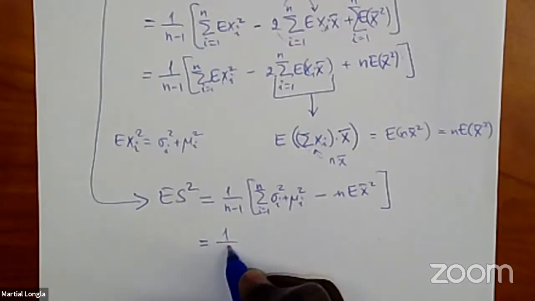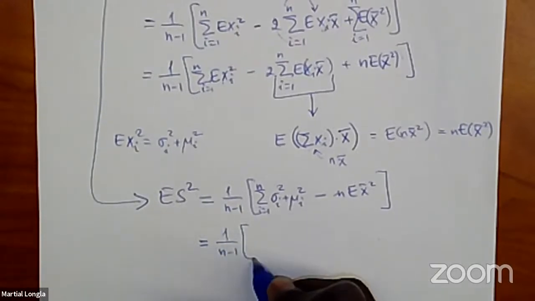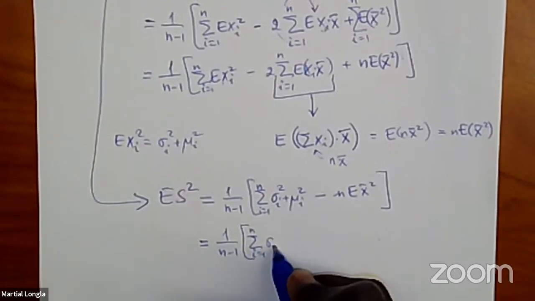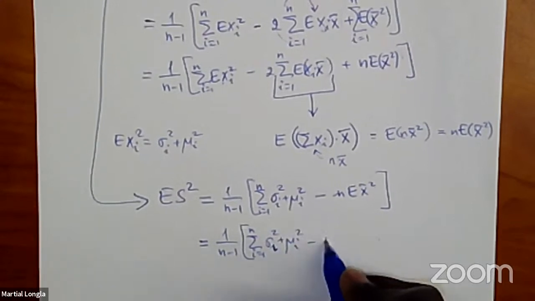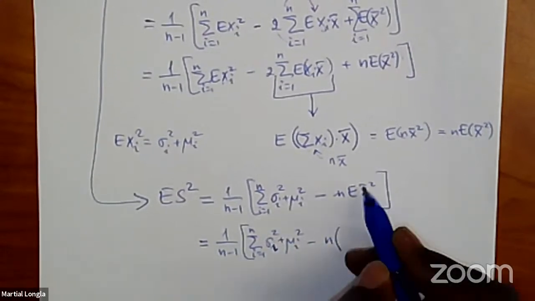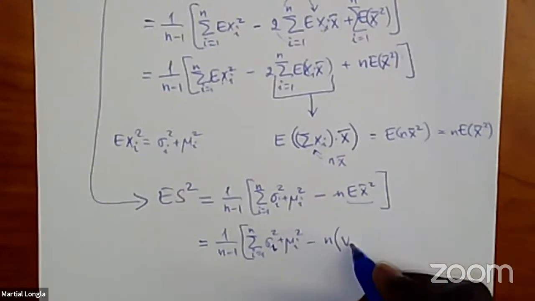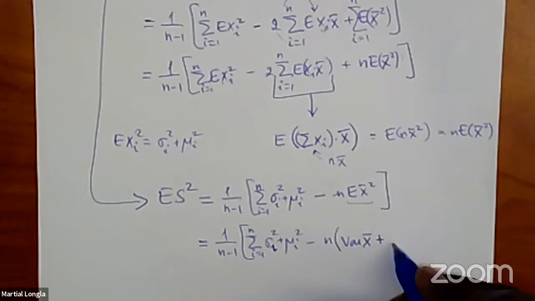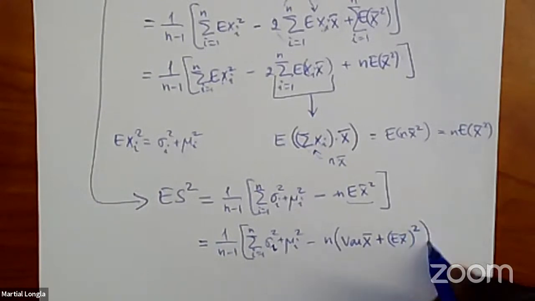So that's 1 over n minus 1 times the sum, i from 1 through n, of sigma_i squared plus mu_i squared, minus n times the variance of x bar plus the square of the expected value of x bar.